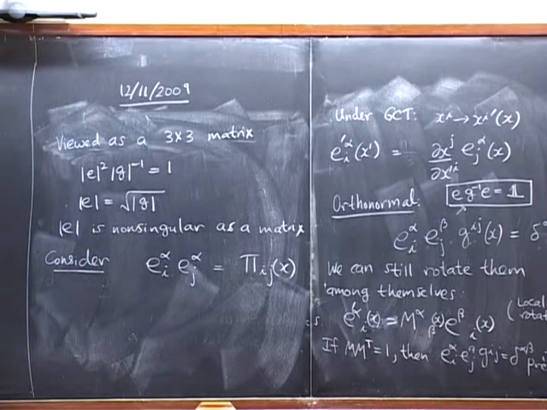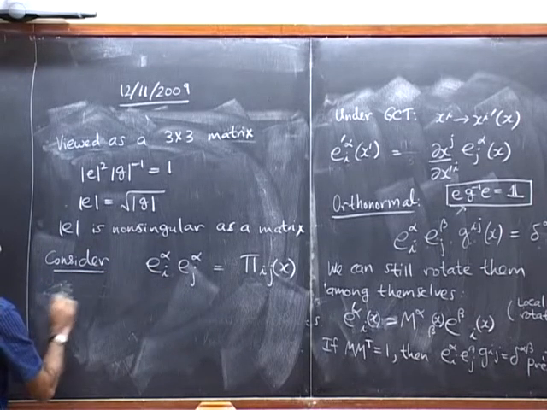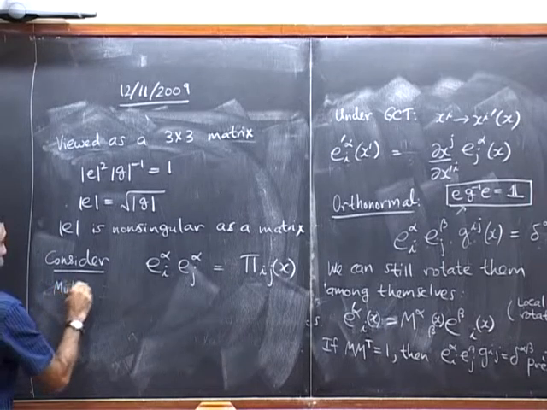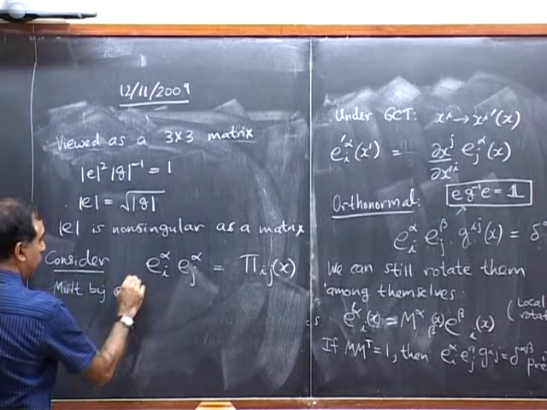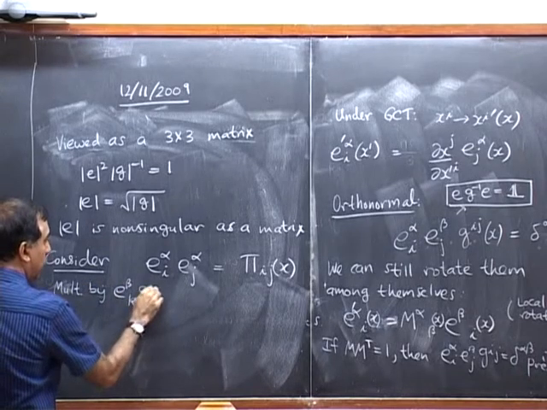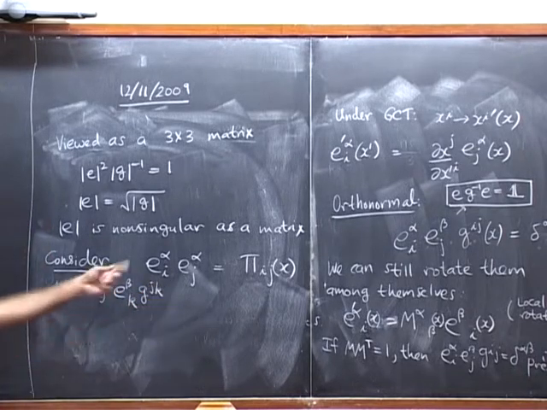But we can do more than that. Let's multiply this whole equation by E k beta G j k on both sides.